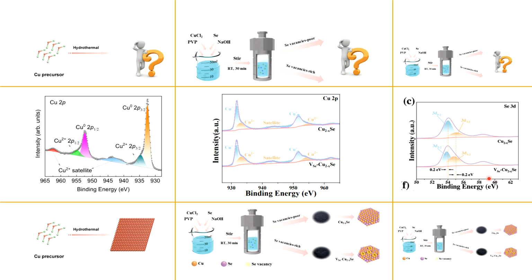But if a vacancy is present, then there will be an absence of selenium atoms, or we can say that selenium is less in this sample, and copper is more. Then we can say that the selenium in this sample can be surrounded by copper atoms, and copper is less electronegative than selenium, so the electron density extraction by the copper will be less.